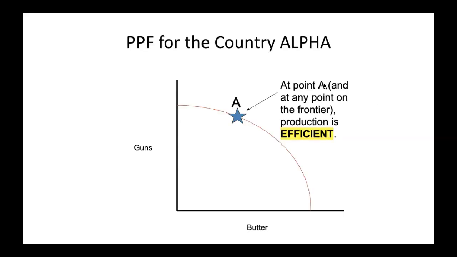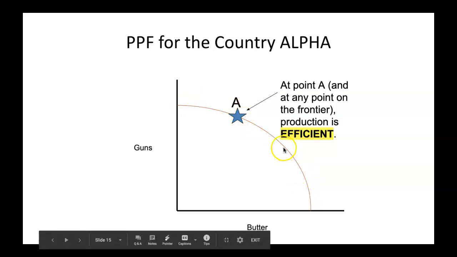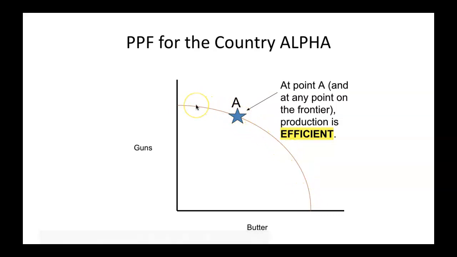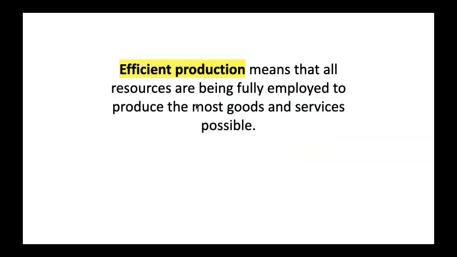So then the next part in your study guide you want to fill in is the efficient production. Efficient production is any point on that production possibilities frontier, on this curve. Anywhere on the curve, on the frontier, is efficient production, meaning they're doing the absolute most that they possibly can. They're producing the most they possibly can in the country.